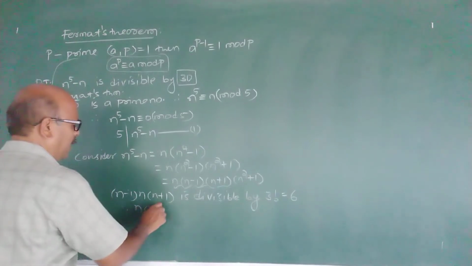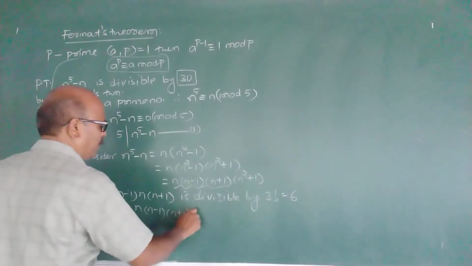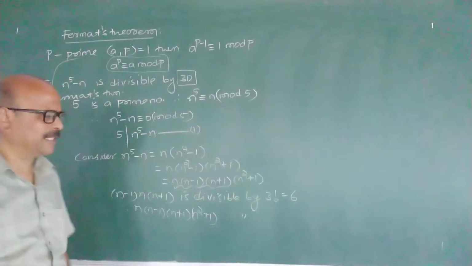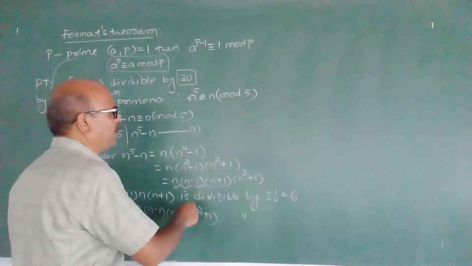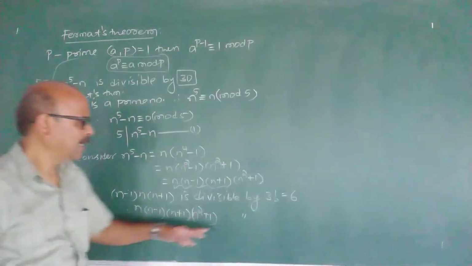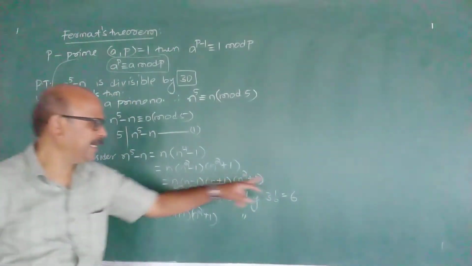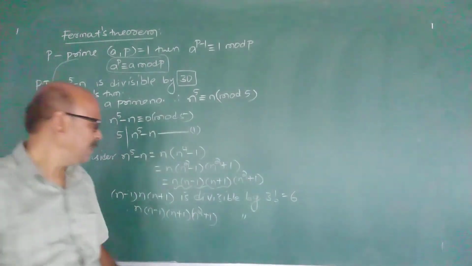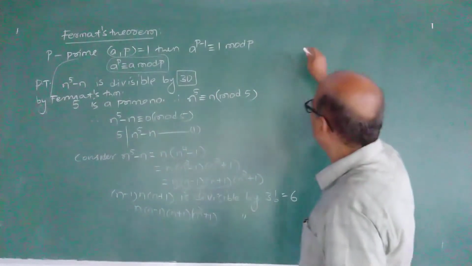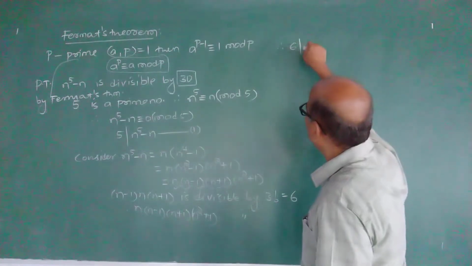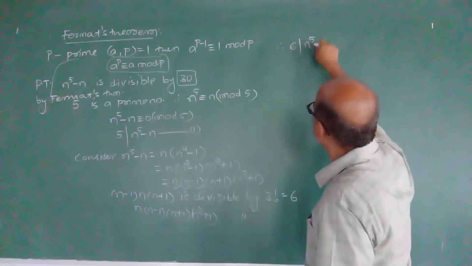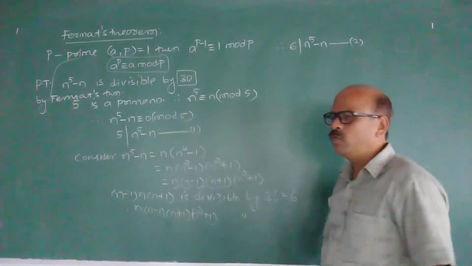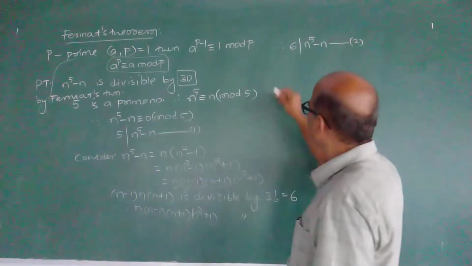Therefore, n minus 1, n, n plus 1 into n square plus 1 is also divisible by 6, because if A divides B, then A divides B into x, where x is any integer. Therefore, 6 divides n raised to 5 minus n. Take this as 2.